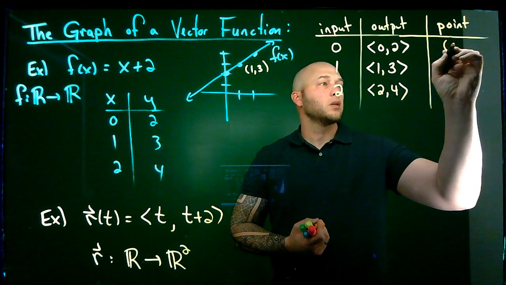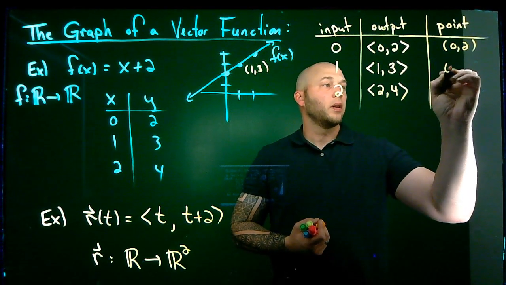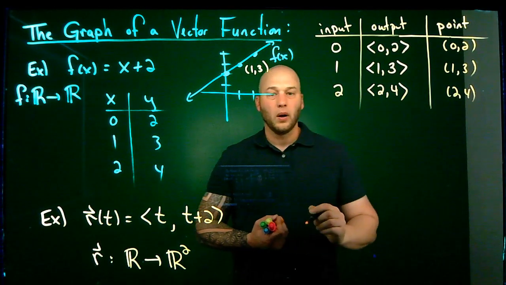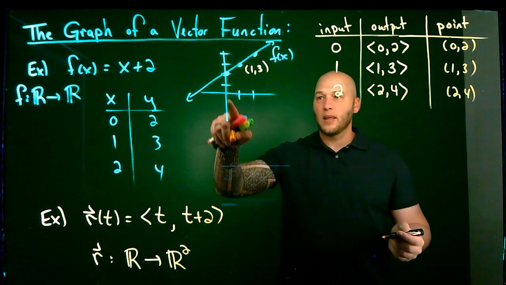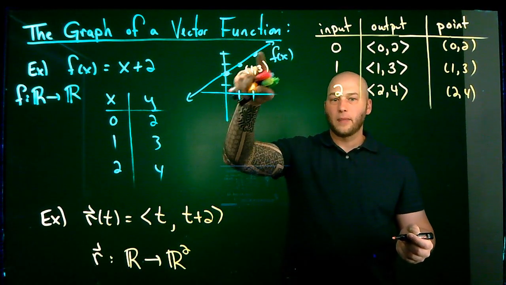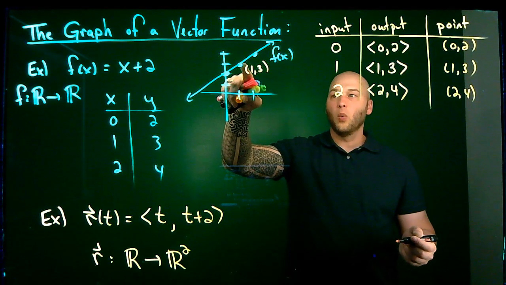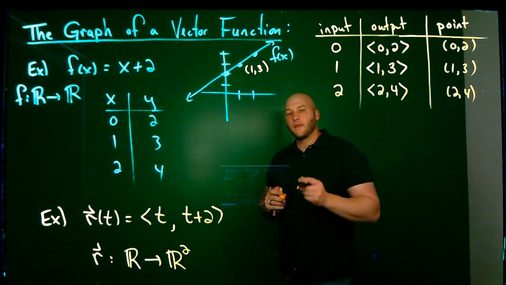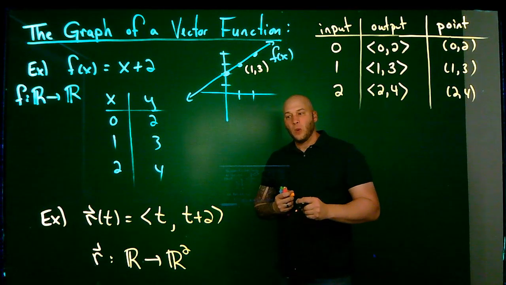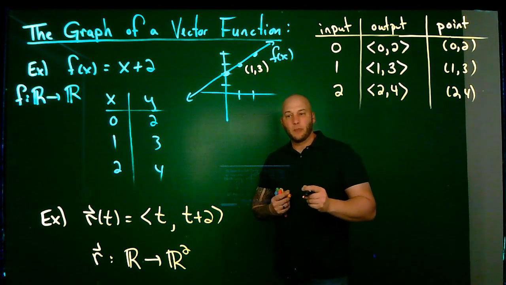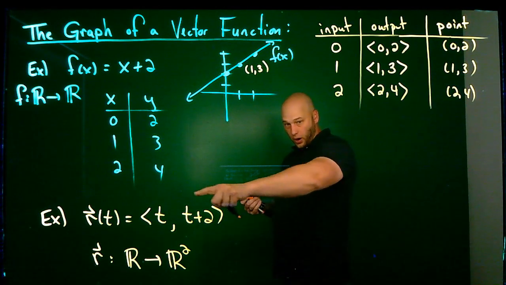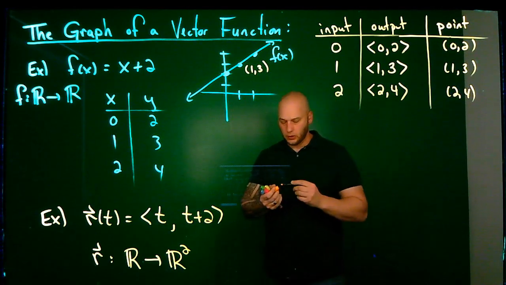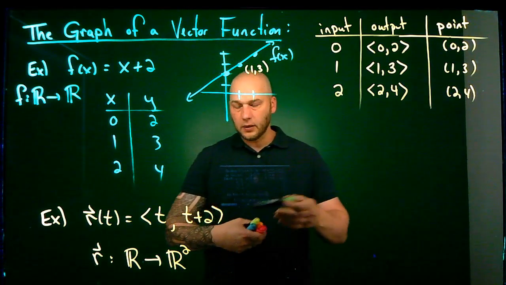In other words, 0, 2, and then 1, 3, and then the point 2, 4. If I plot those, notice that that corresponds to this exact same line. So when I plot a vector function from R to R2, what I'm plotting in the xy plane are the terminal points of the vectors. Let's take a look at another example.